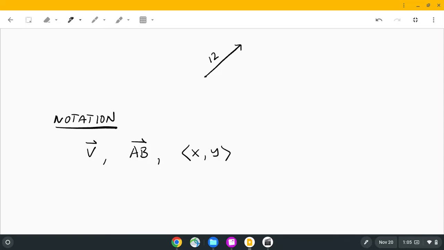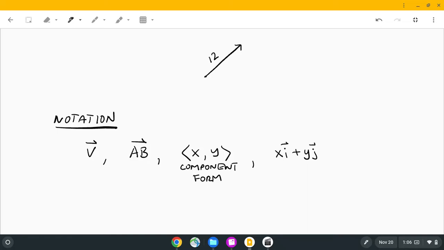This is component form. I'll talk a little bit more about this in a bit. And then it can also be written like this, x times vector i plus y times vector j.